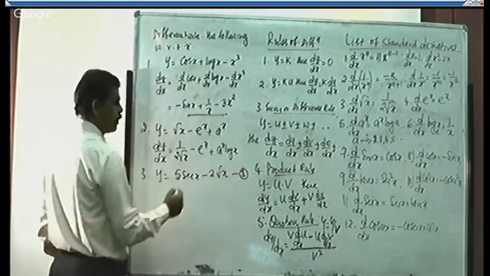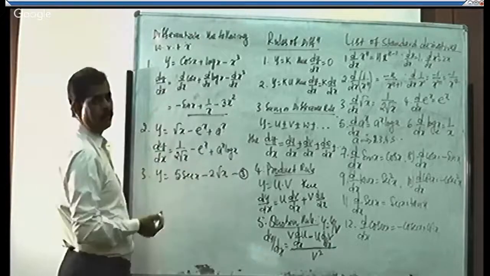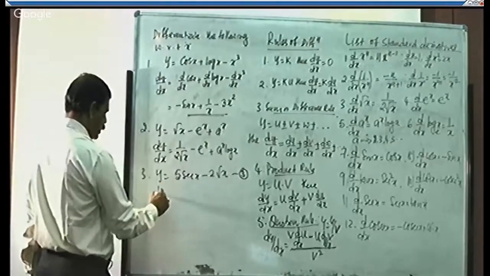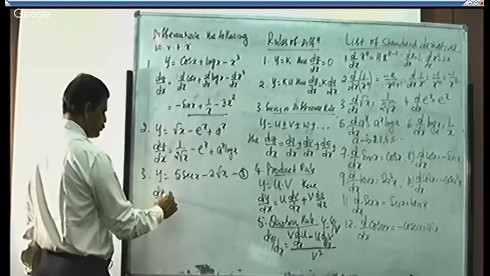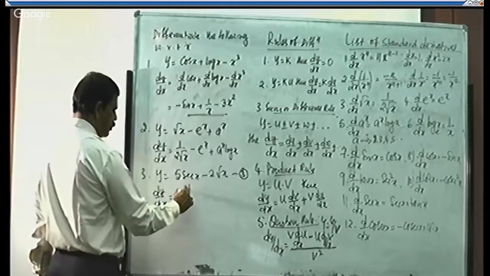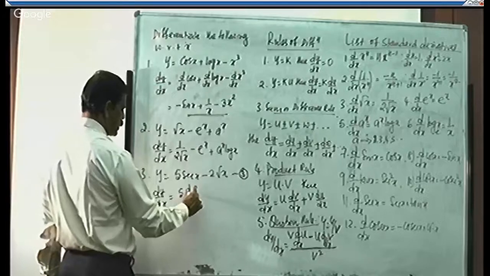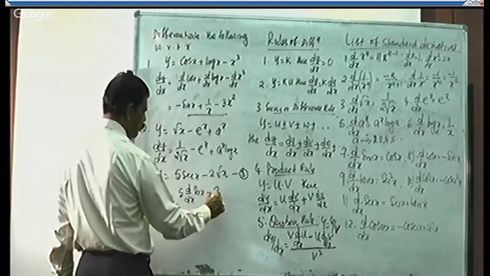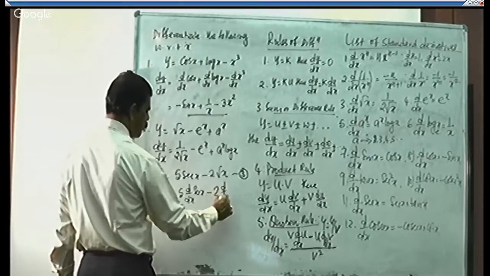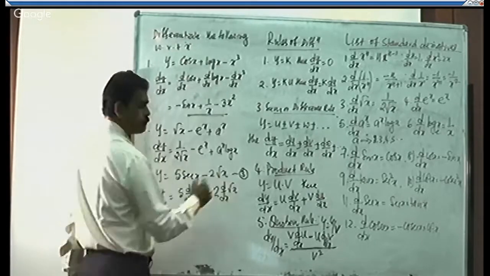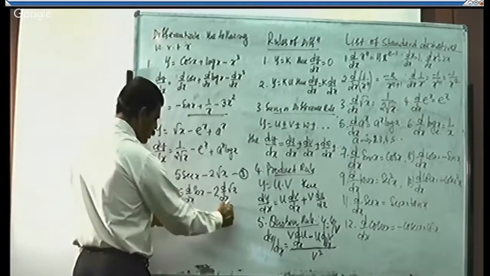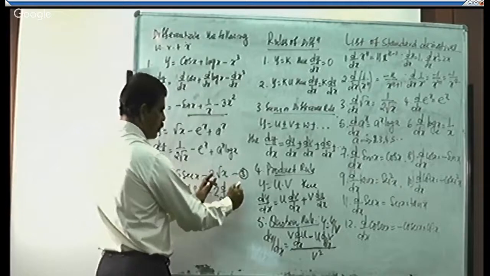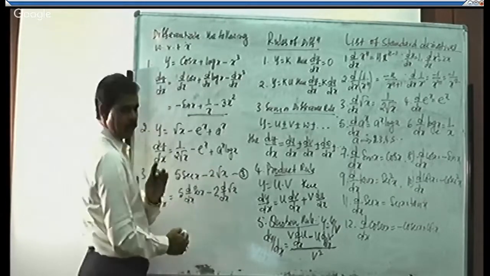While differentiating, we should use the second rule. What is the second rule? Constant into function. Totally, it is the third rule: differentiation of one function minus differentiation of another function.